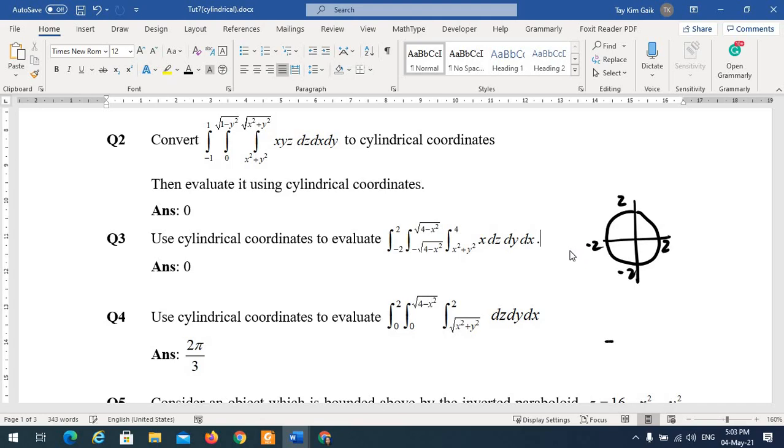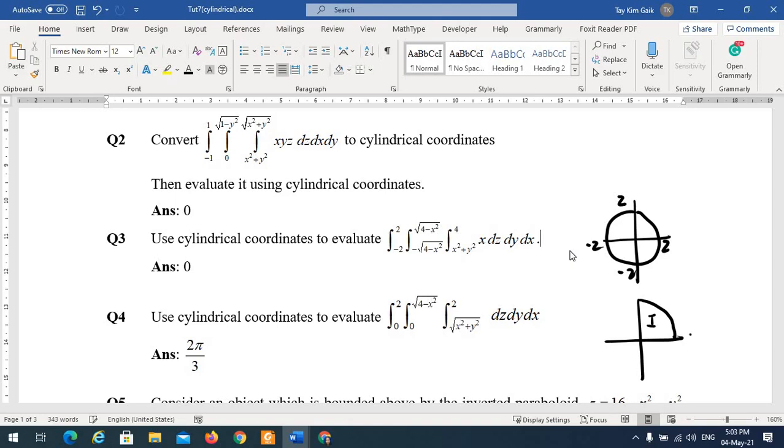Question 4, which part? Quadrants 3 and 4, or 4 and 1, or only the first?